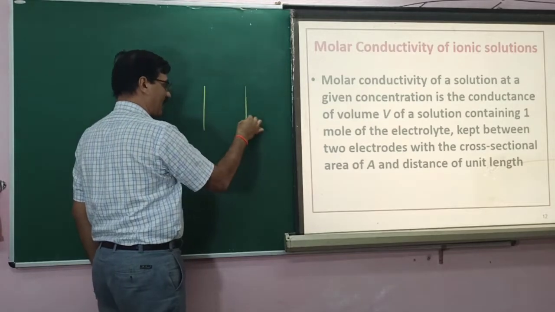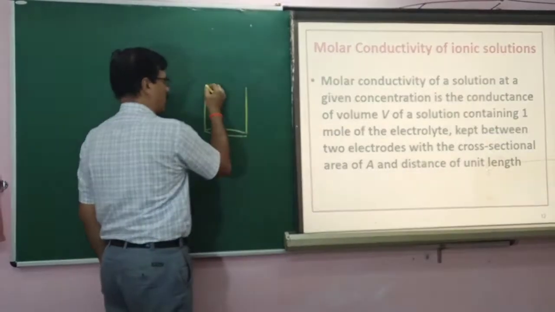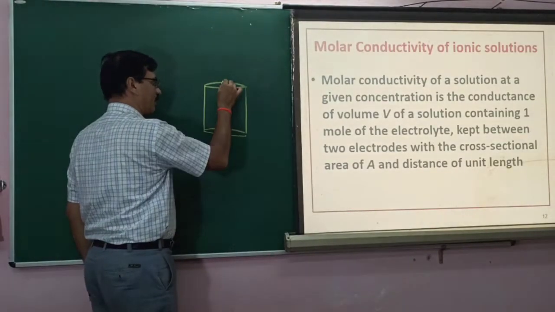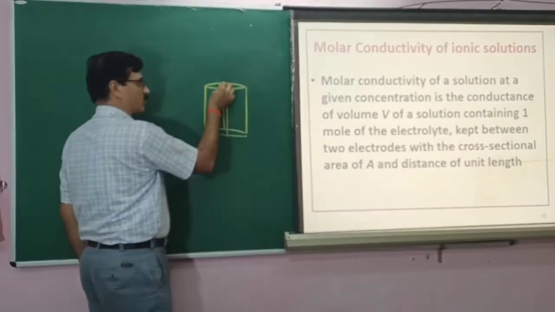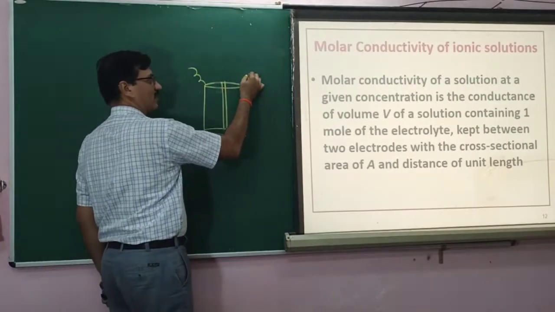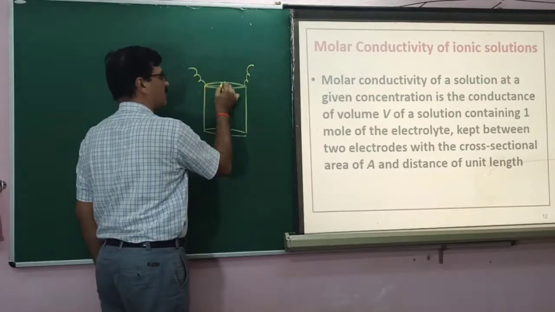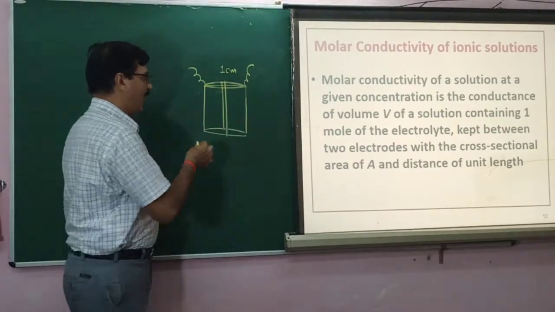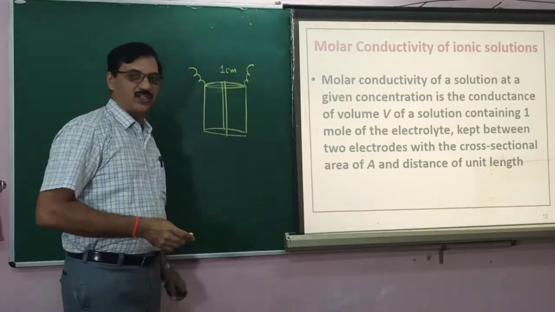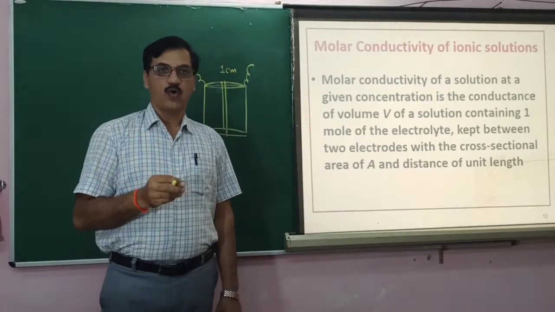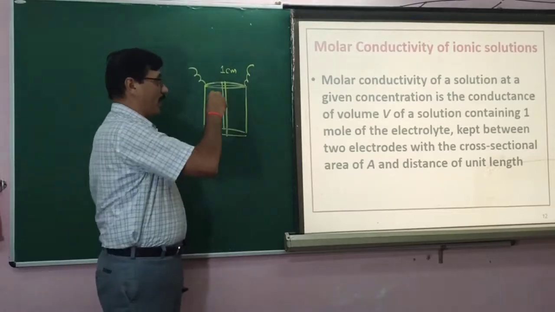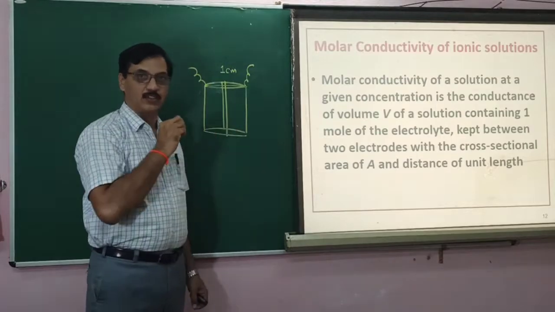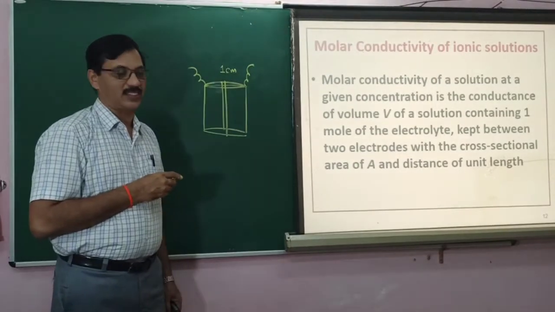We take a conductivity cell which has 2 electrodes, separated by unit length, and the area of cross section is large enough to occupy all the solution inside it. This is the conductivity cell used for measuring molar conductivity.